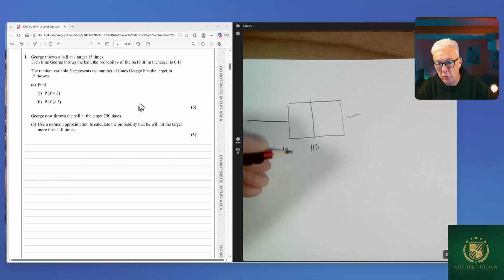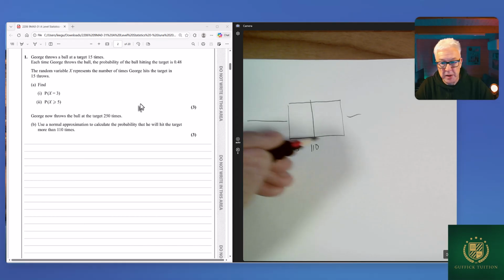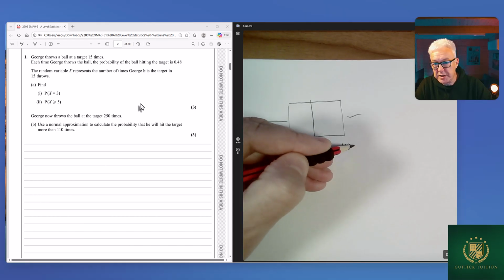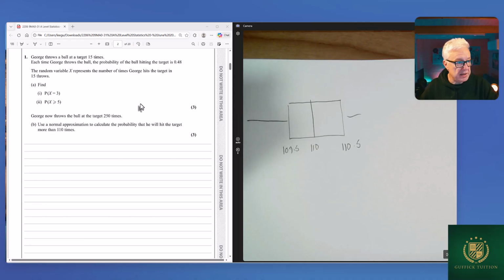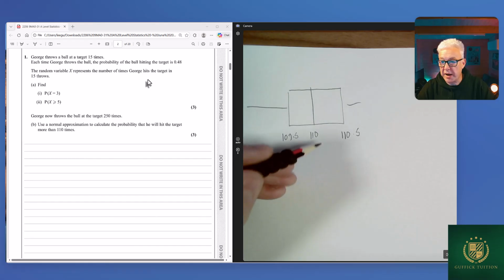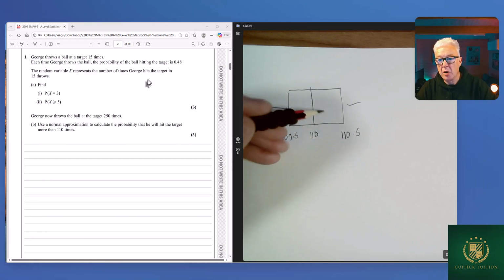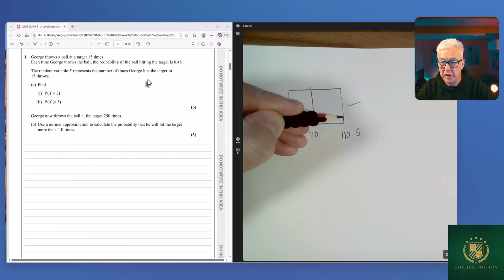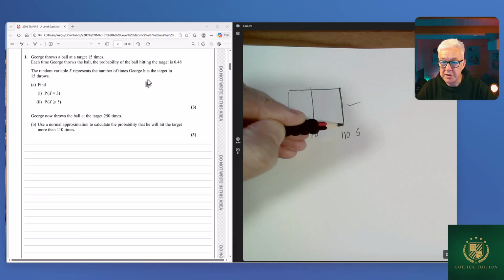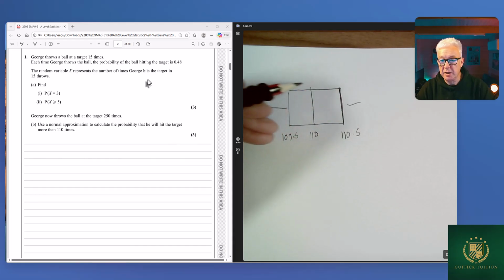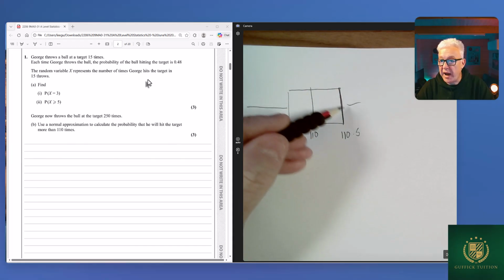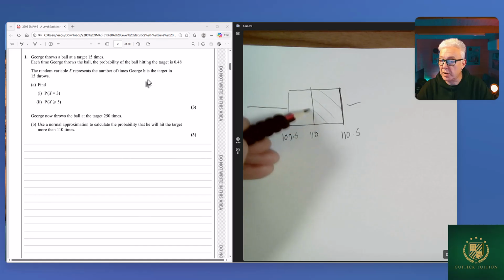So we need to think about 109.5, and we need to go all the way up to 110.5. And we need to think about which one of these is going to be appropriate for us to use. Because we want greater than 110, we need to start off by excluding everything that's got anything to do with 110. So we need to get rid of anything that could get rounded down to 110.